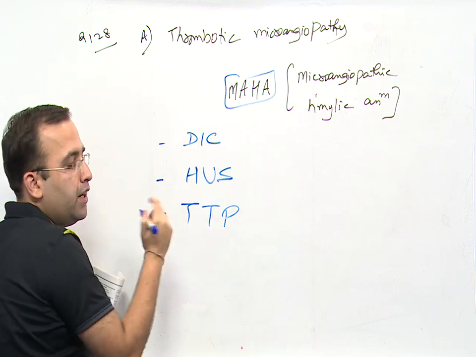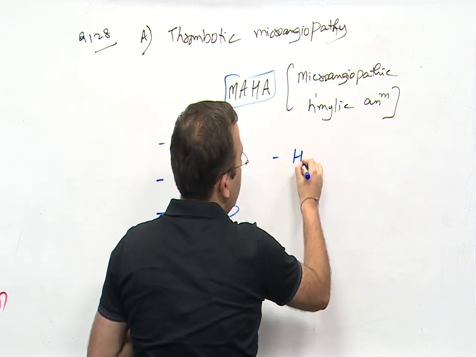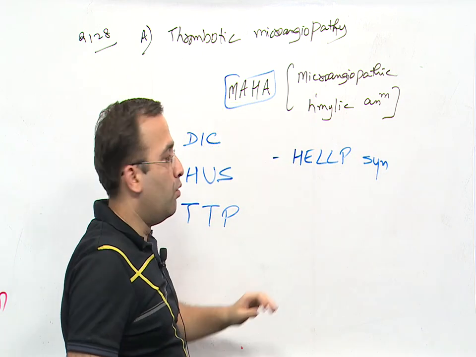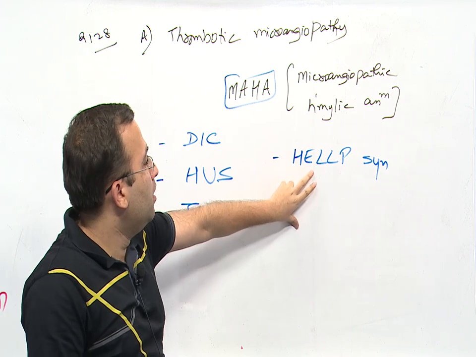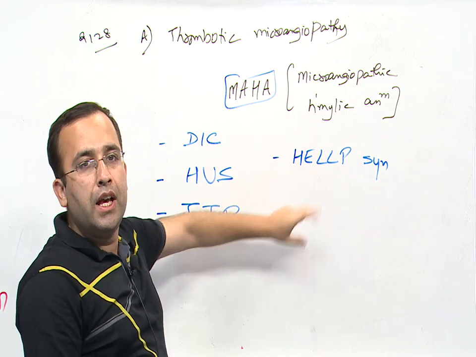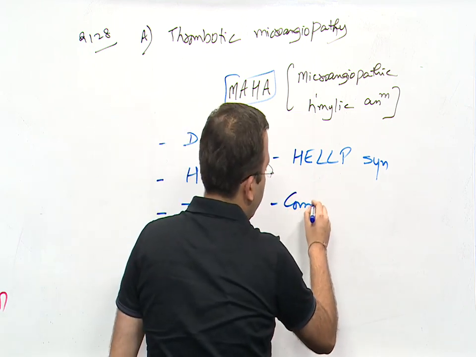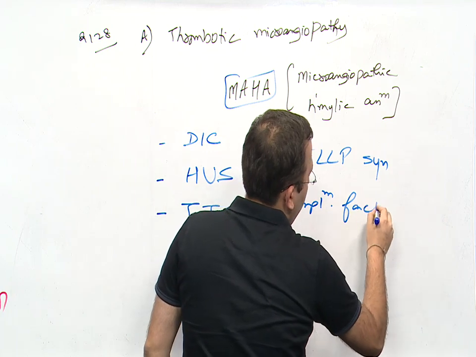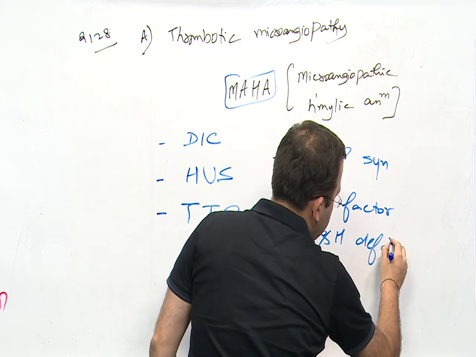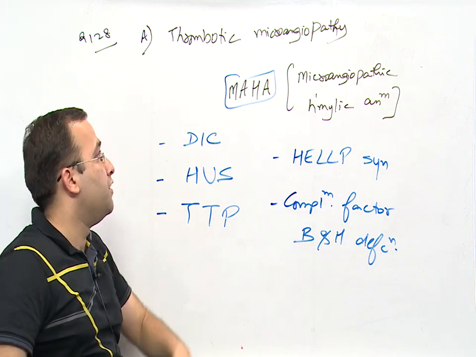Other causes are HELLP syndrome, hemolytic anemia, elevated liver enzymes, low platelets, and complement factor B and H deficiencies.